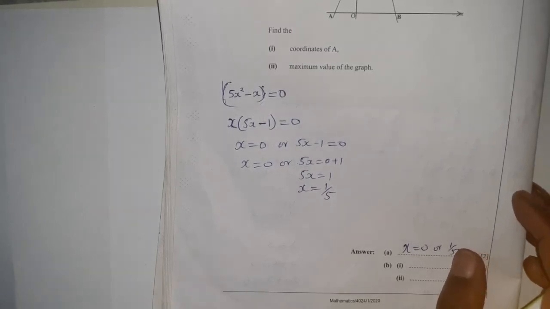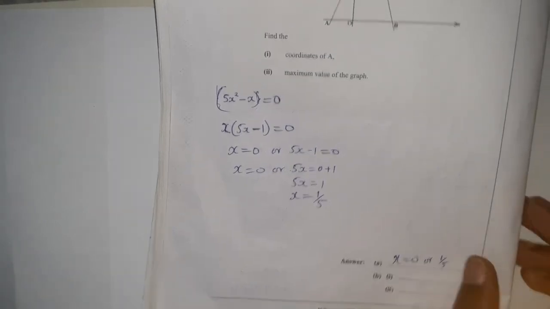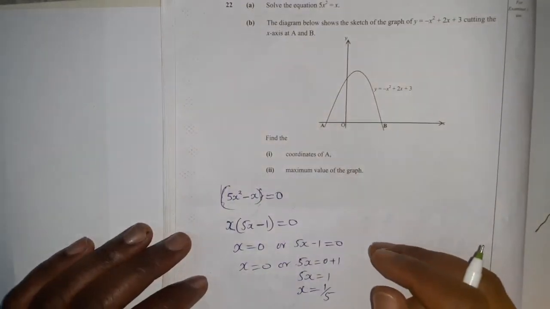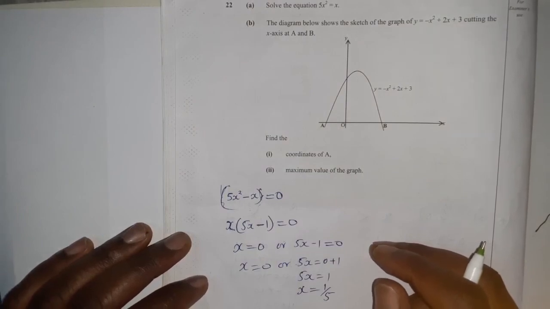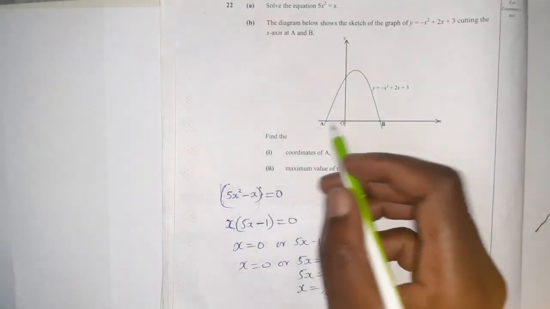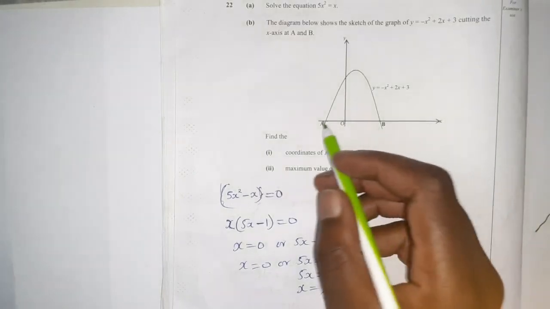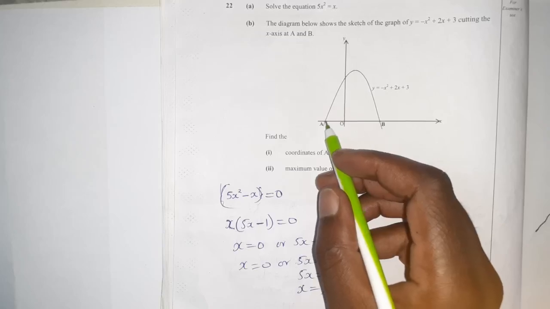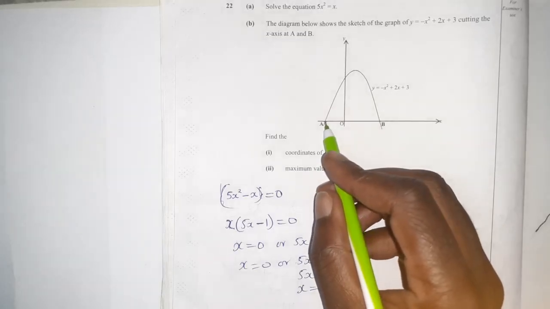Then we go on to this one. Find the coordinates of A. What are we supposed to do? We know that at this point the y coordinate is 0.